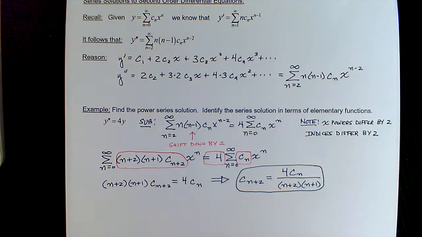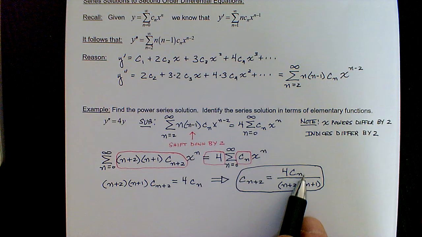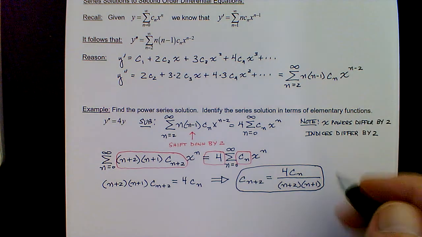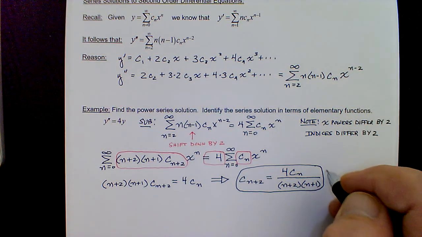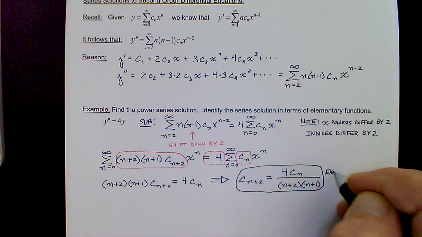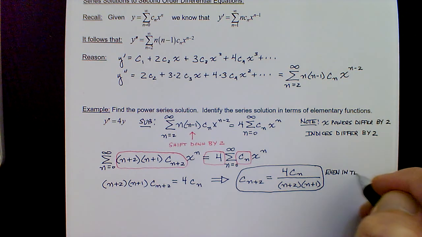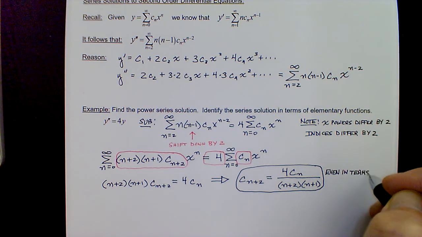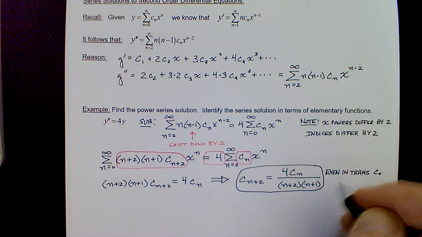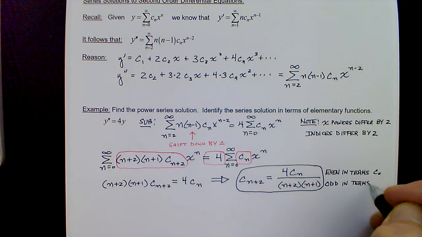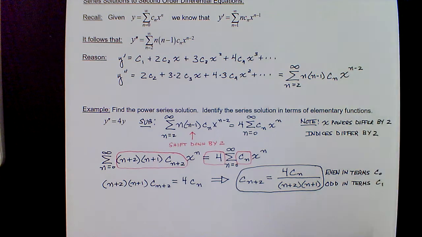And notice that the values of the subscripts differ by 2. So therefore we're going to have some even and odds again. So the evens will be in terms of c sub 0, and the odd in terms of c sub 1.